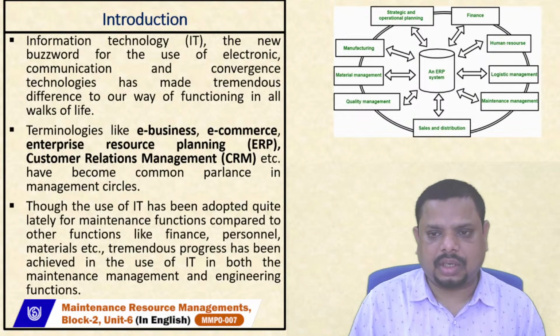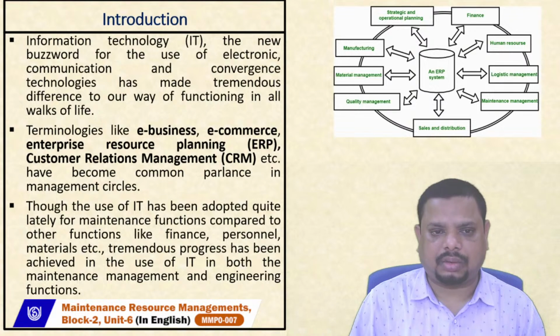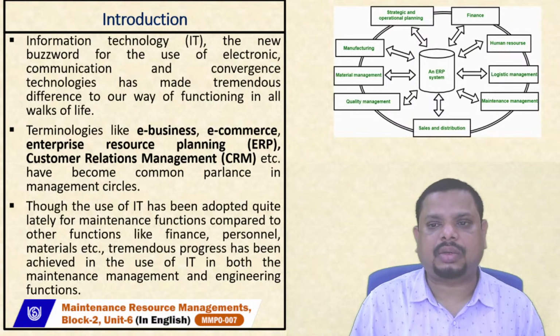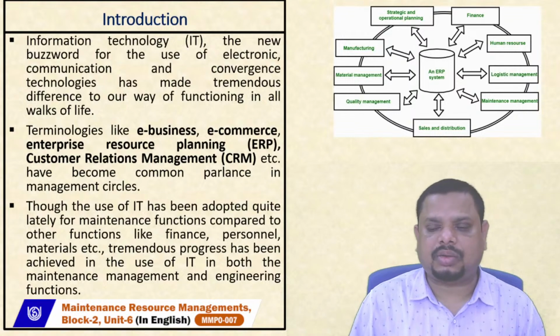So let's understand a small example of an ERP system and how it helps in implementing information technology in a particular organization. Whenever you introduce an ERP package or ERP system in your existing organization, you require a large amount of data from the finance departments. They also provide a large amount of data from the human resource departments.